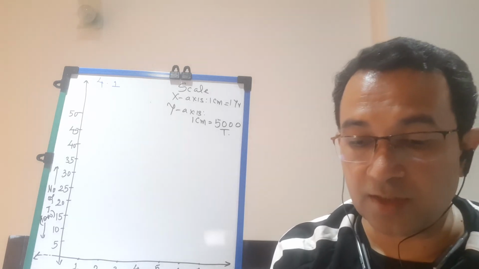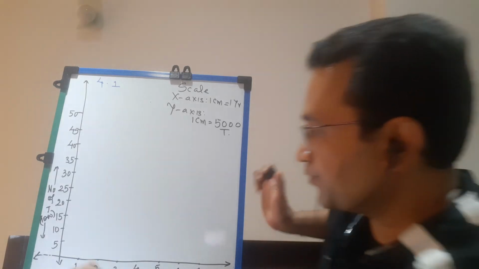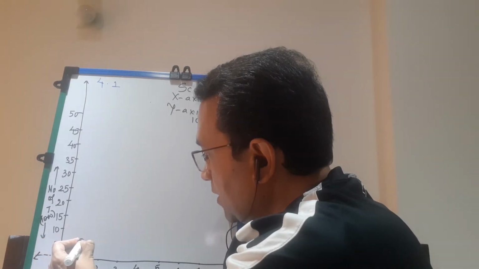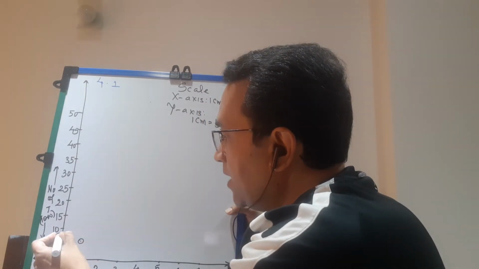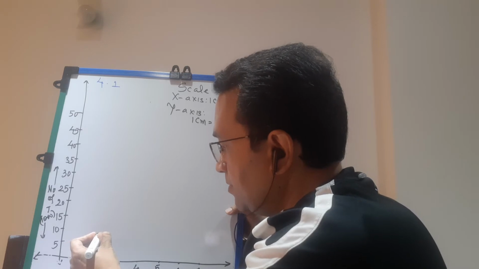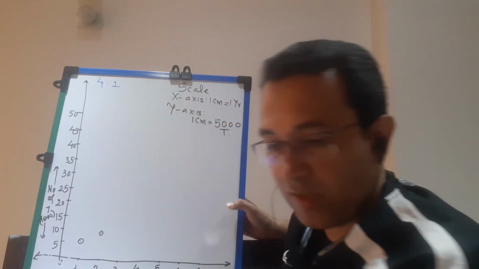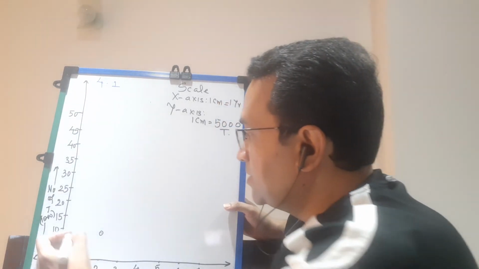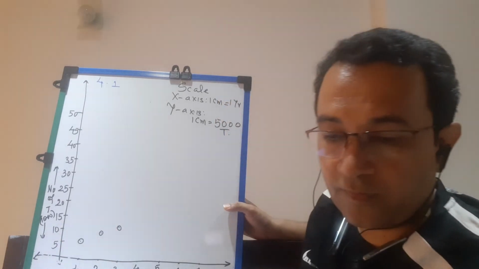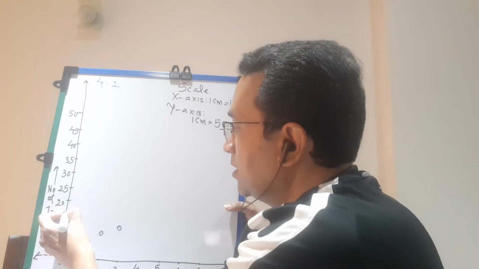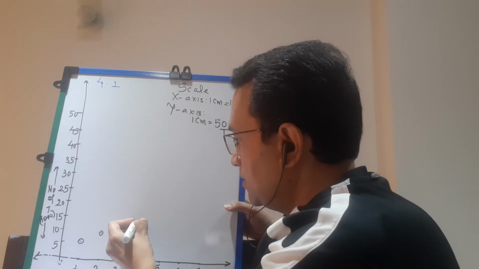For t is equal to 1, we have 5. So 1 and 5. For 2, we have 7. So between 5 and 10 somewhere. For 3, we have 10 exactly. For 4, we have 14, just below 15.